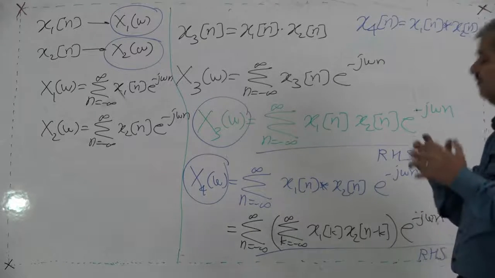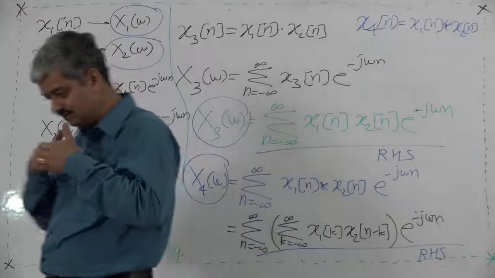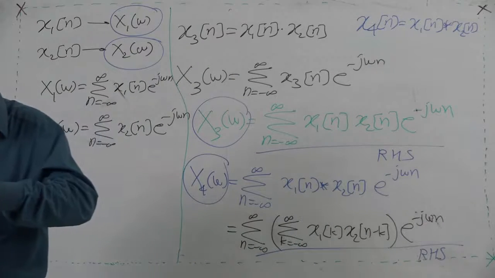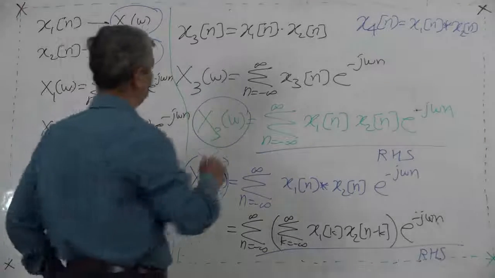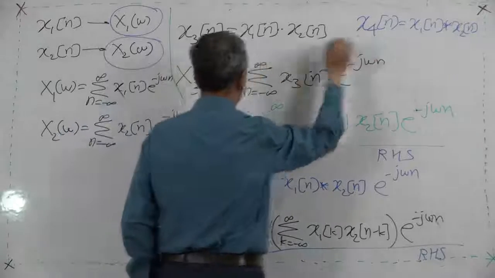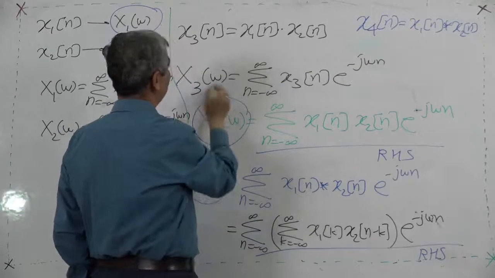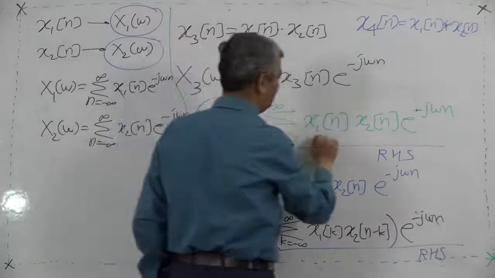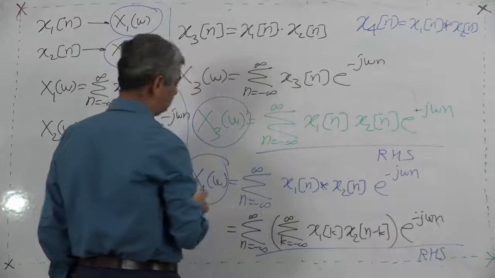So how do we find the DTFT of the sequences obtained by operations on these two basic sequences? We have to find the DTFT of x3[n] and the DTFT of x4[n].